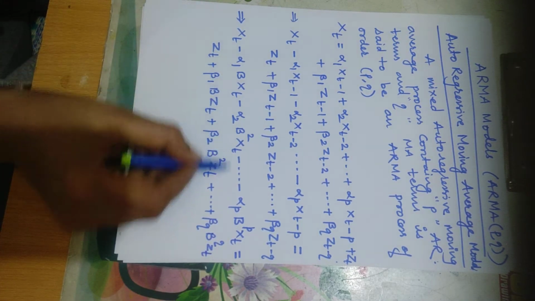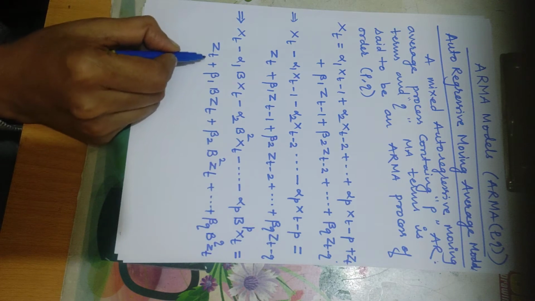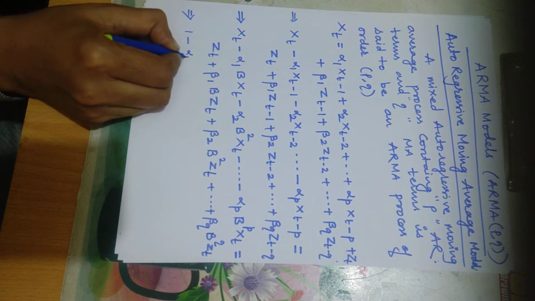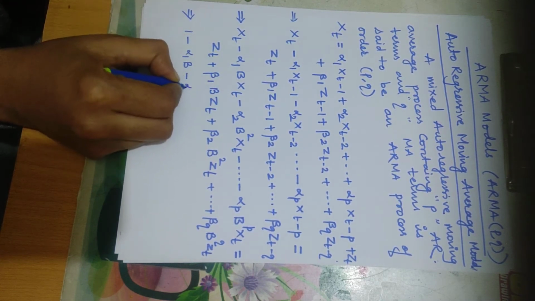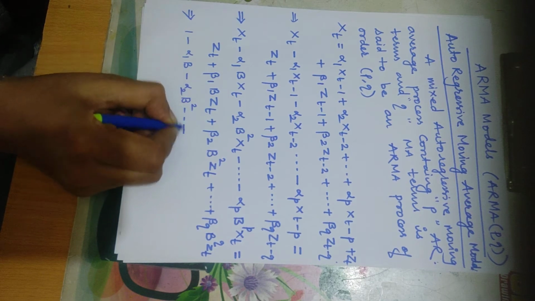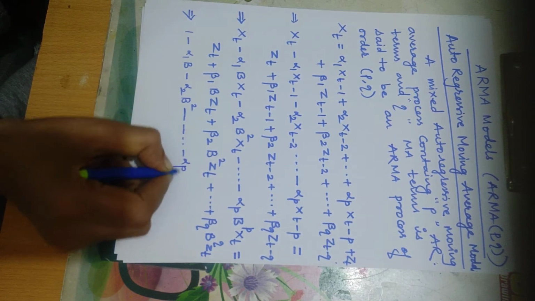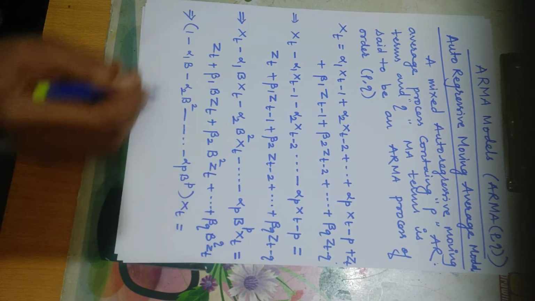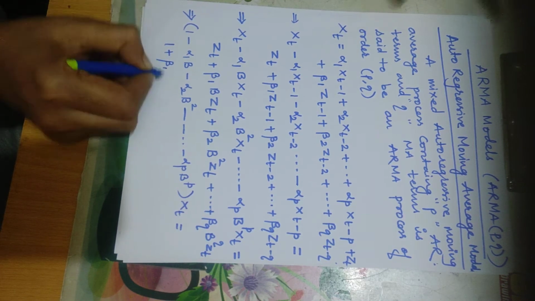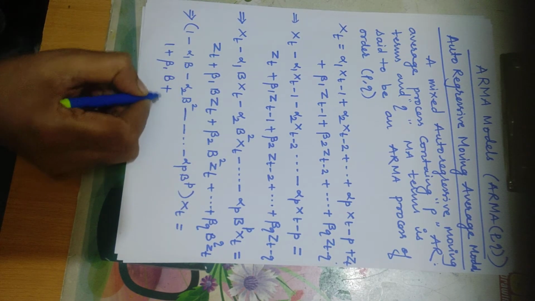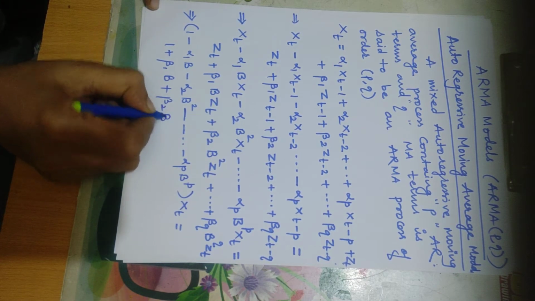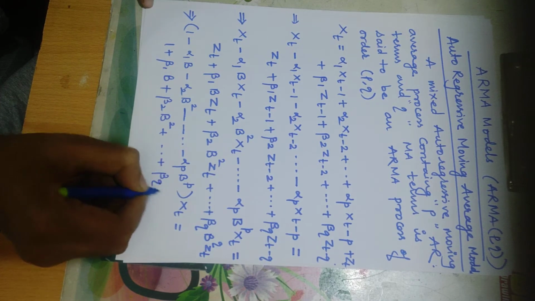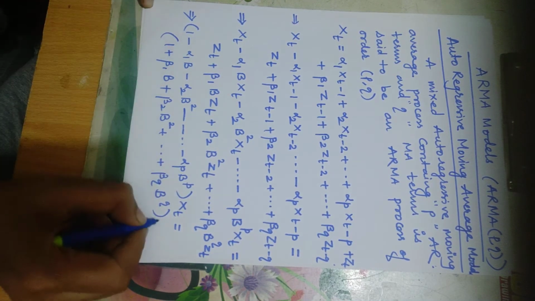Right? So xt is the common operator on the left hand side and zt is the common operator on the right hand side. So rewriting this, 1 minus alpha 1 B minus alpha 2 B square minus dot alpha p B to the power p xt is equal to 1 plus beta 1 B plus beta 2 B square plus beta q B to the power q zt.